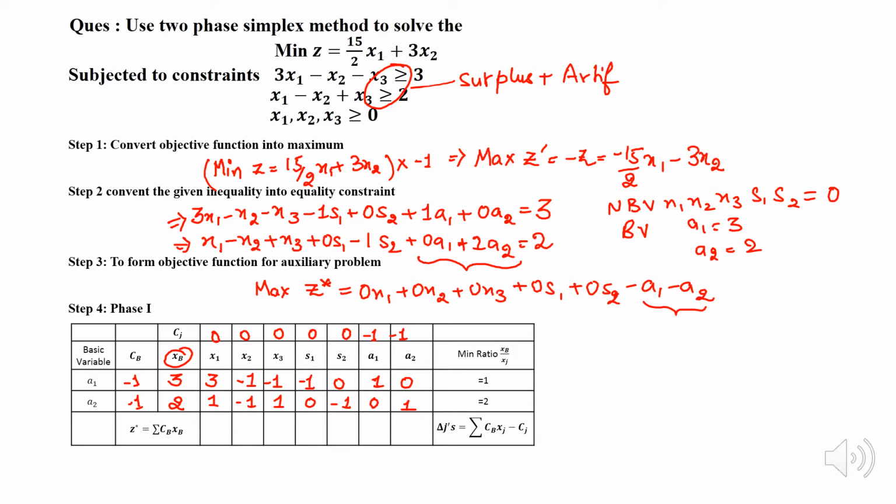Okay, so now we have formed our simplex table. Now the next step is to find the objective function value, which is -1 into 3 will give you -3, -1 into 2 will give you -2, and the total of them is -5.